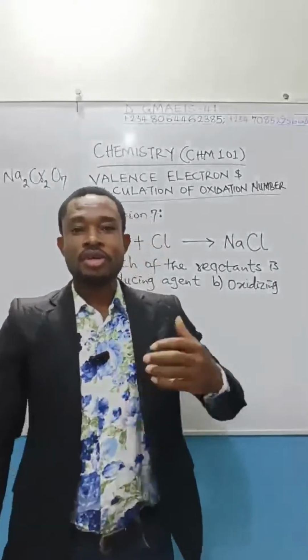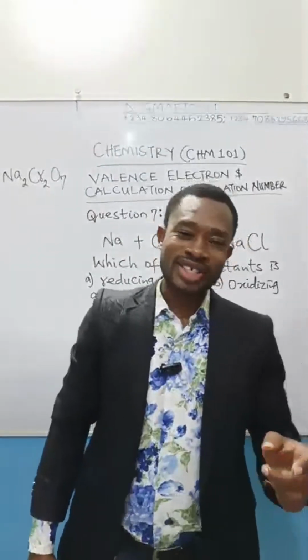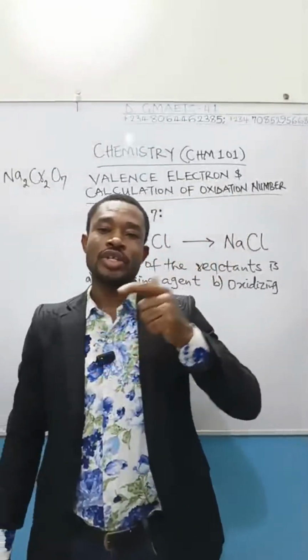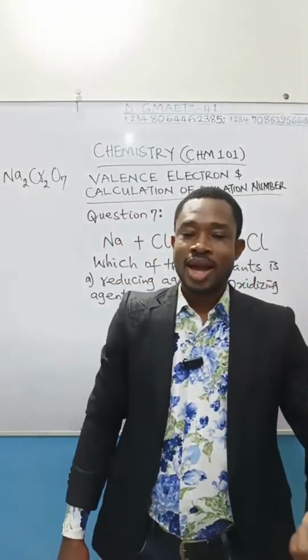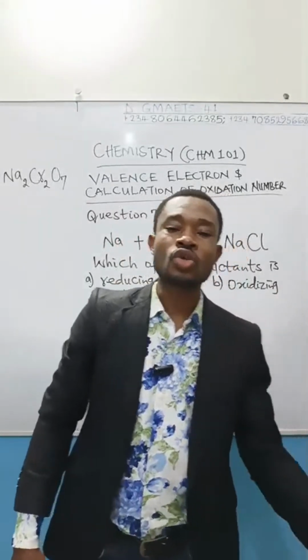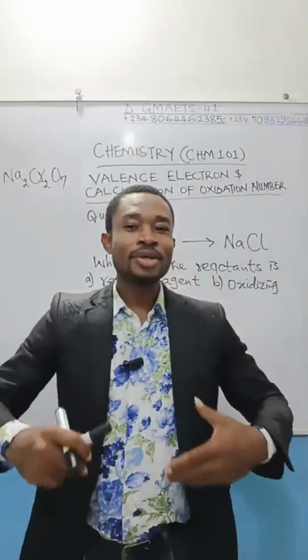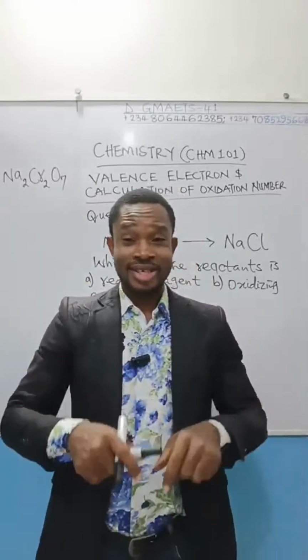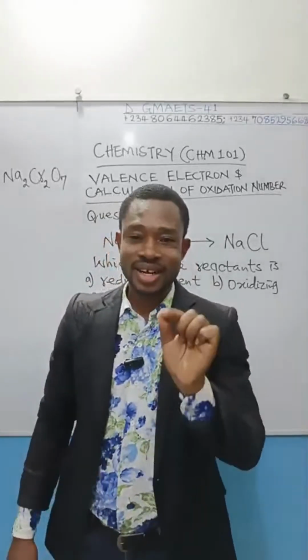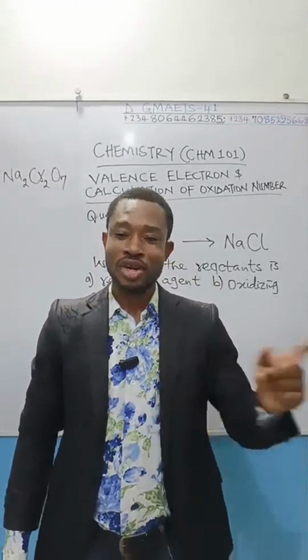You know, in redox reaction, an oxidizing agent undergoes reduction, and the reducing agent undergoes oxidation. I am sorry, I'm not going to go deep into it in this class, because this is not the class that we are meant to treat redox reaction.